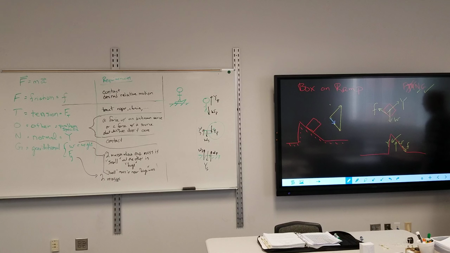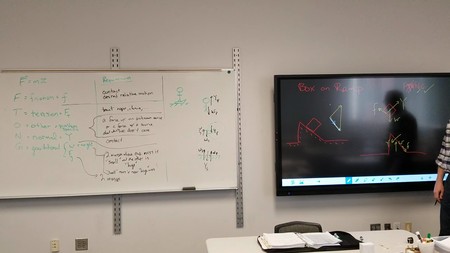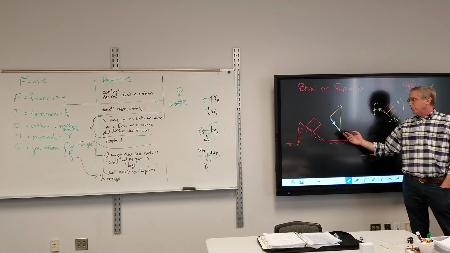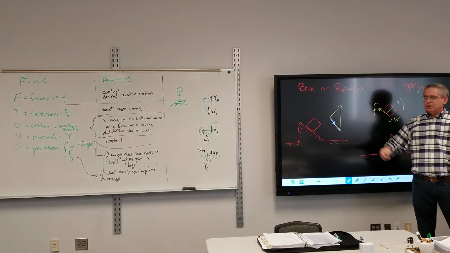The white arrow is my total force. If there's no friction, then my total force is an arrow pointing all the way down to here. If it is sitting there and stays on the ramp, then my total force is non-existent. I have a triangle. Friction would come up to here.